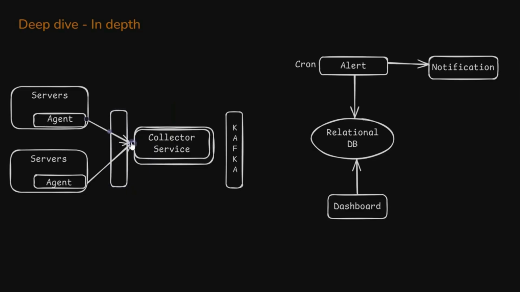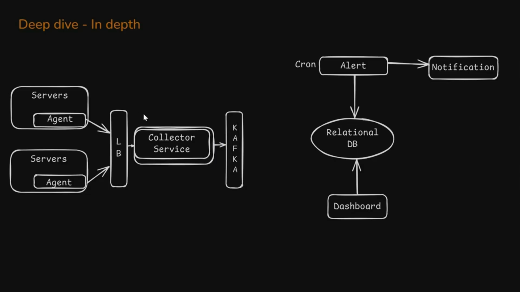These servers are sending these requests to this load balancer, and this load balancer would be sending the requests to these multiple instances of the service. These services are just publishing the message to the Kafka topic. Here we need the load balancer.